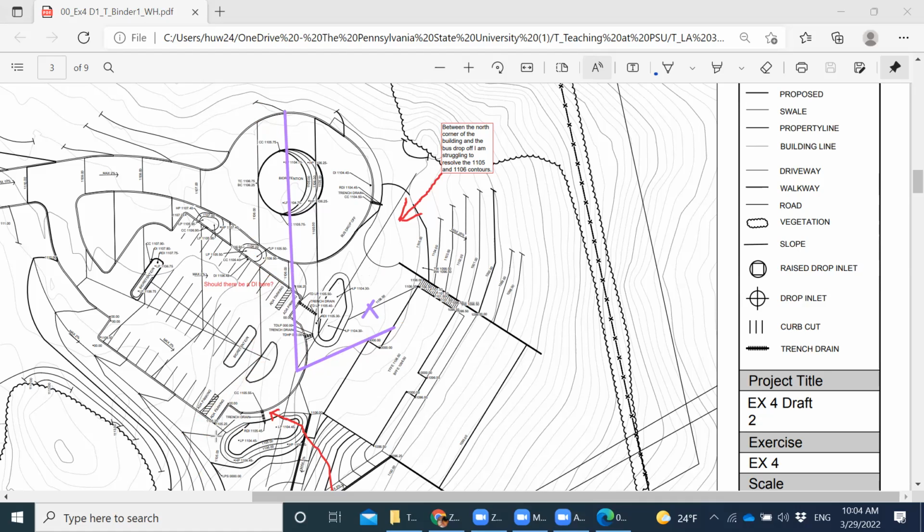Okay, so that is where it was. And what remains is this remains, that remains, this goes like this, goes back over here.